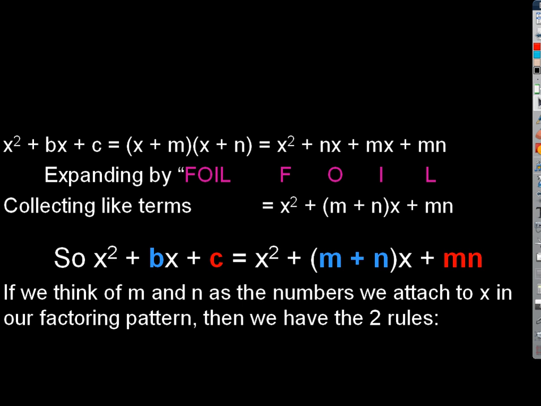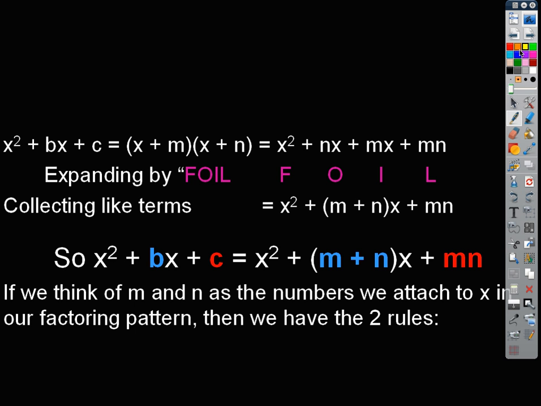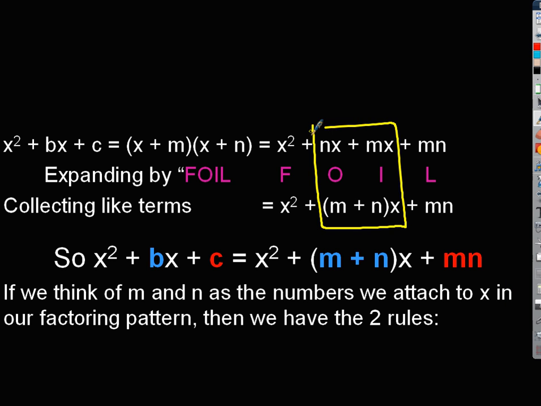If I combine those two terms, isn't that the same thing as saying the quantity m plus n times x? If I undistribute an x, and that's, by the way, factoring. If I pull an x out of each of those two, everybody see that connection? This stuff goes together right here. Okay? Plus m times n.